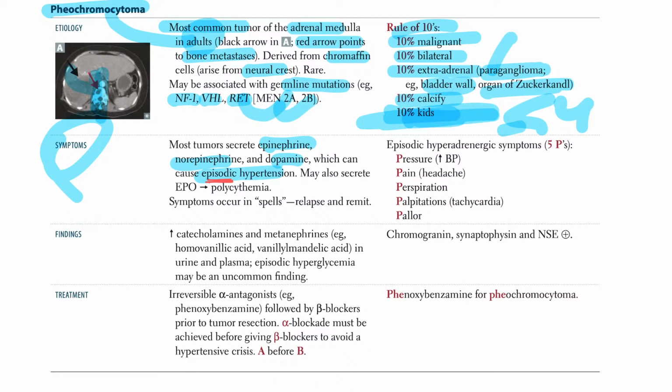Important is the word episodic. They also might secrete EPO, erythropoietin, which can lead to polycythemia, increase in hematocrit, right? And symptoms occur in spells. Why spells? Because it is episodic. Relapse and remit, they come and go, right? That is because it is episodic again.